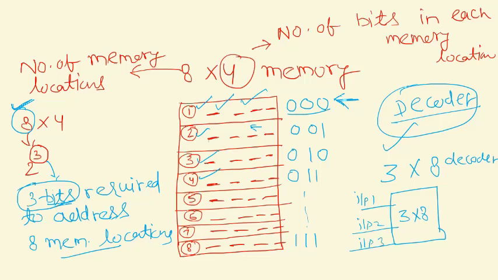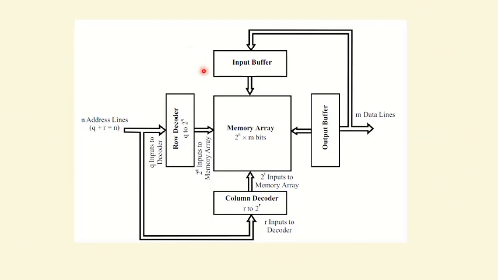There will be outputs: output 0, and so on, up to output 7. So there will be 8 outputs. With the help of 3 bits, we can select the 8 memory locations. So this is the basic block diagram of the memory.